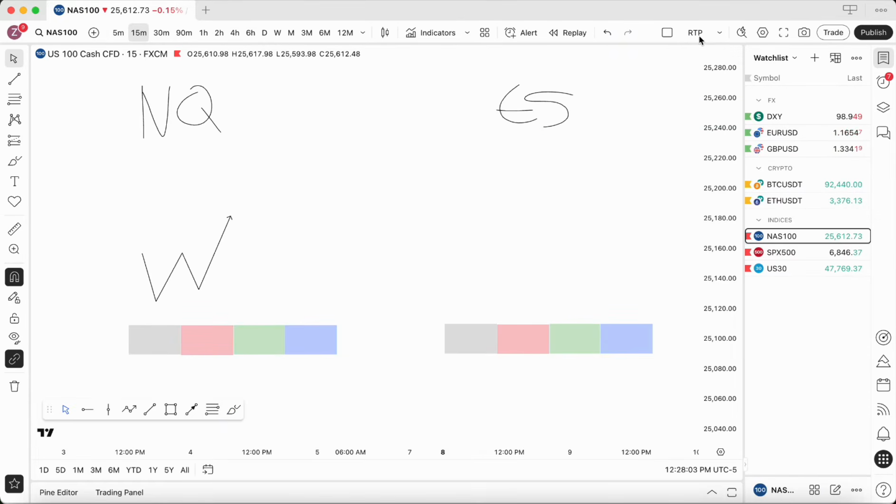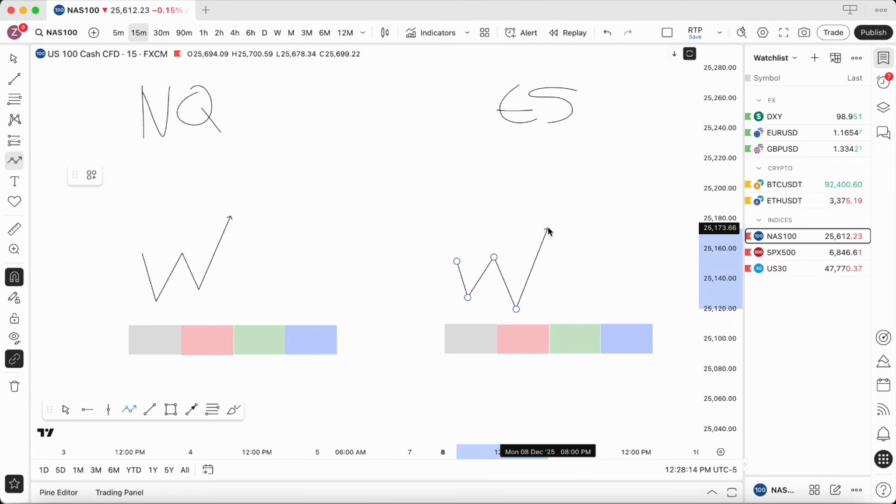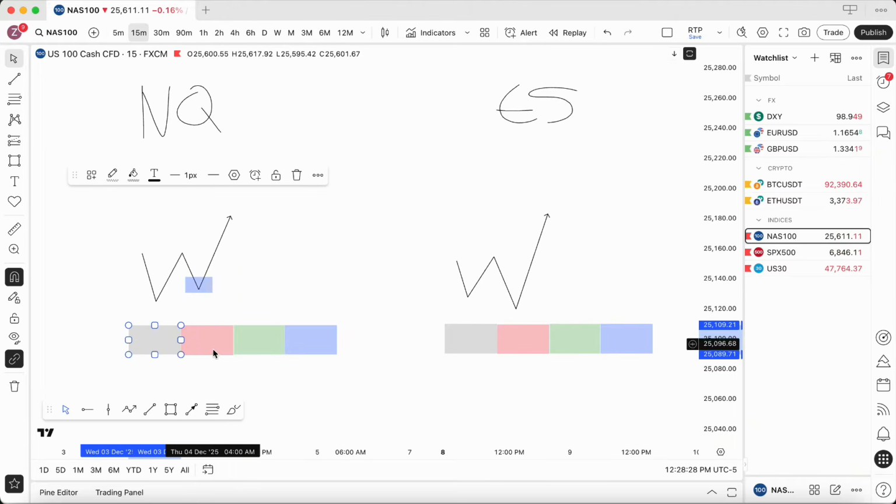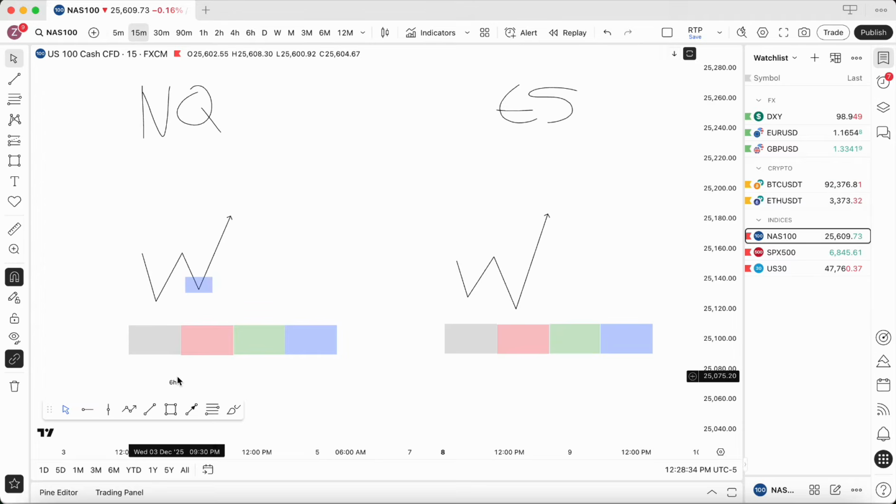Now you can see ES make a low and Q2 purging that, and this low being created from 6 p.m. to 12 a.m., like 6-hour candles.